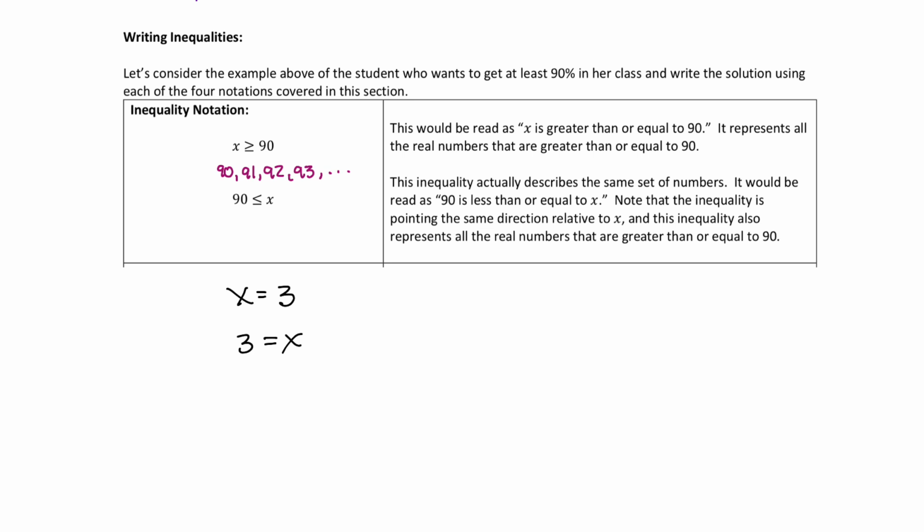But it could also be 90.1 or 90.01 or any number as long as it's greater than or equal to 90. It could not be 89 because 89 is less than 90, right? It can equal 90 because of that equal to line right there.